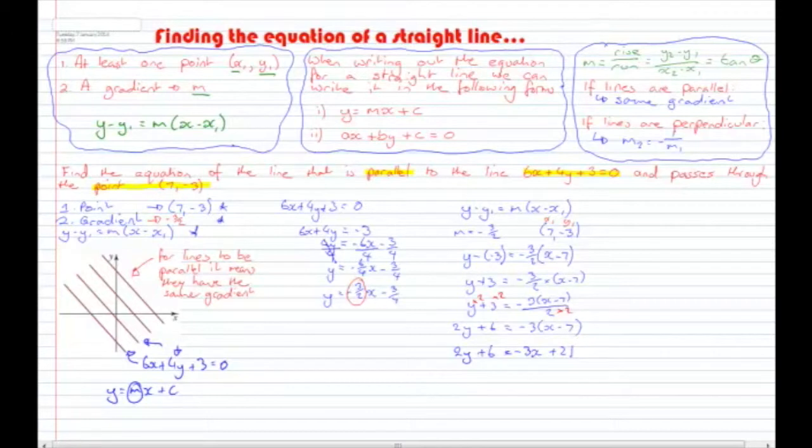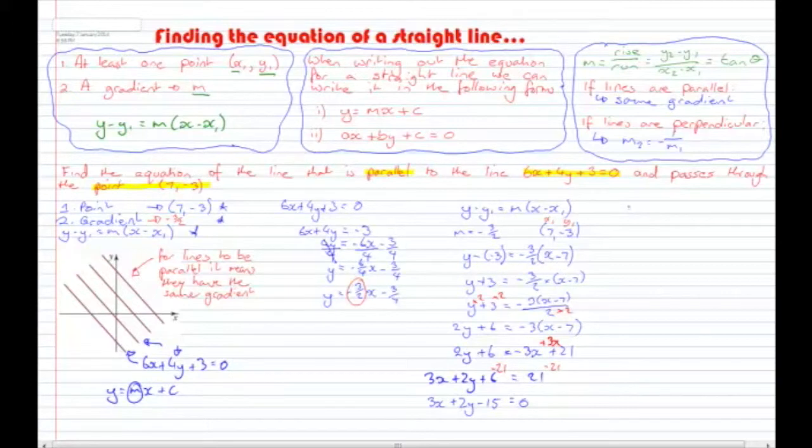Okay, so let's rearrange it and put it in the ax plus by plus c form. So add 3x, and that ends up getting us 3x plus 2y plus 6 is equal to 21. Minus 21 from both sides ends up getting us 3x plus 2y minus 15 is equal to 0.